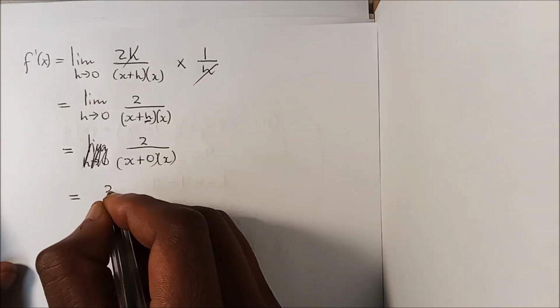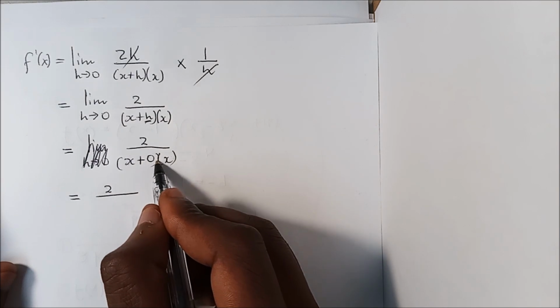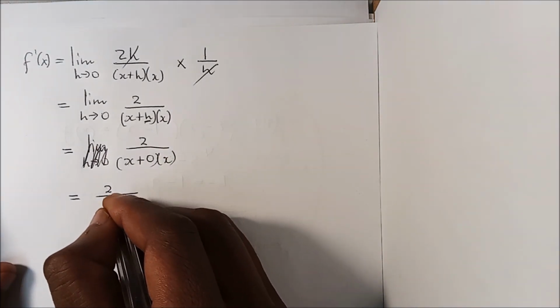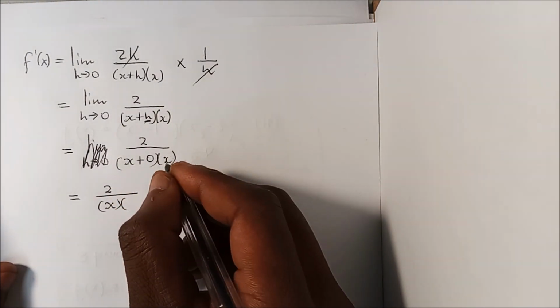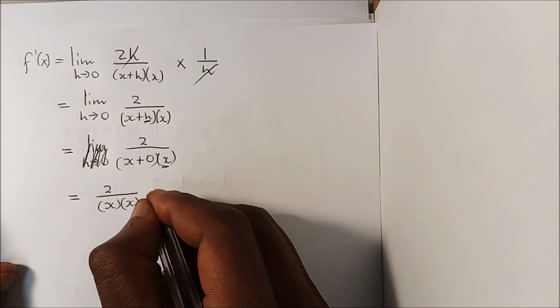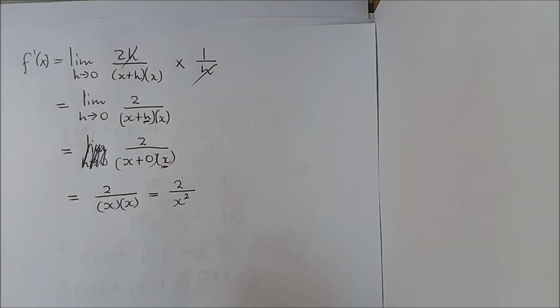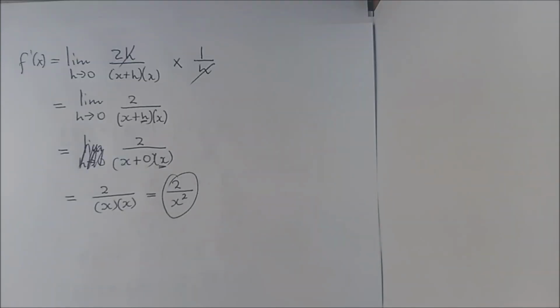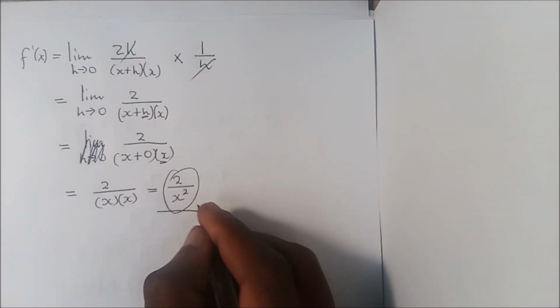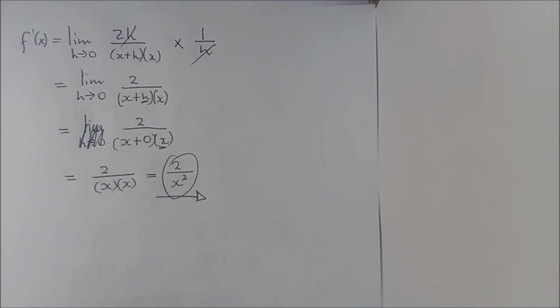Now if you notice, x plus 0 is x. So we have x and then the second x. So the answer will be 2 over x squared. So this is your answer for your first derivative.